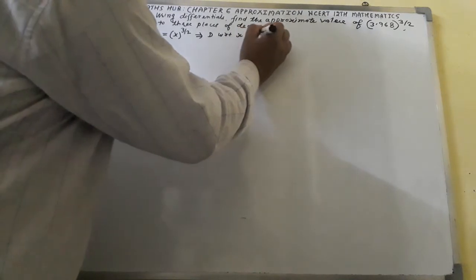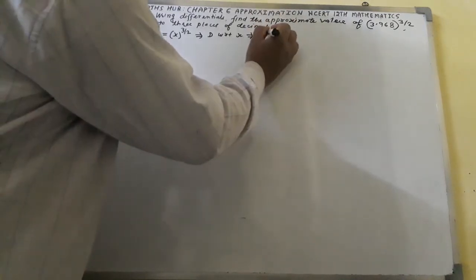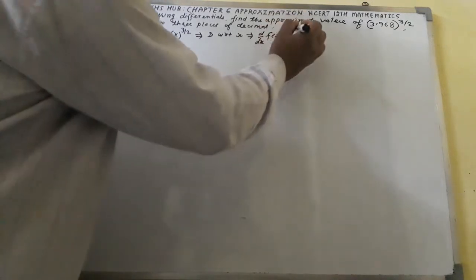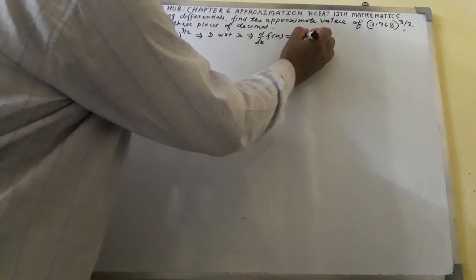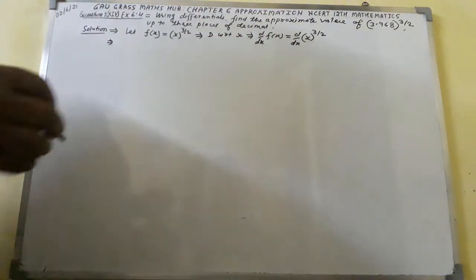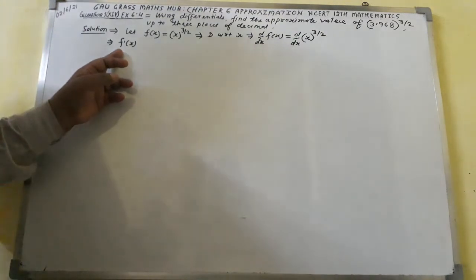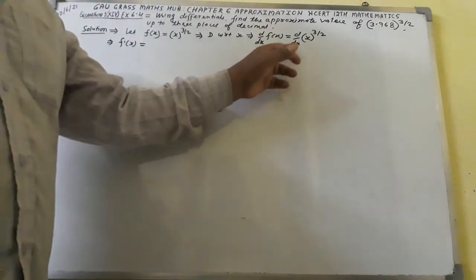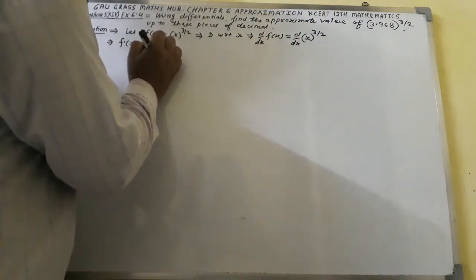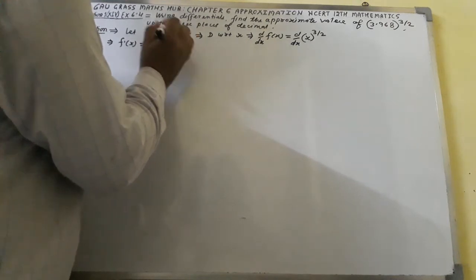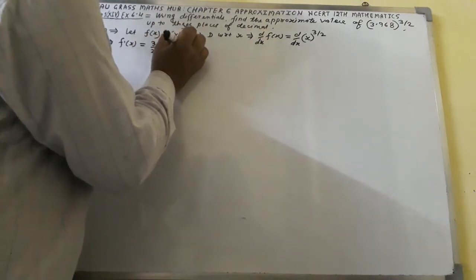Here we shall get d/dx of f(x) equal to d/dx of x raised to the power 3/2. d/dx of f(x) comes out to be f'(x), the first order derivative of f(x), equal to d/dx of x^(3/2), which comes out to be 3/2 times x raised to the power 3/2 minus 1.